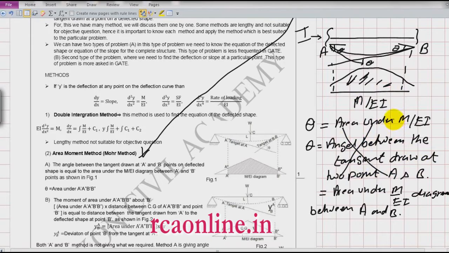So make it very clear that we will be using the Moore theorem to find the slope at any particular point.